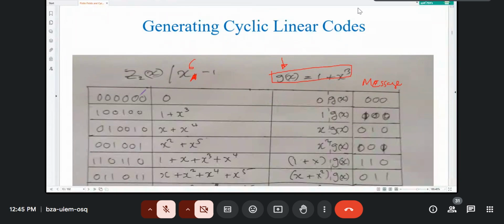And we are saying we can get the first code word, which is the 0 code word, by simply multiplying the 0, because this is 0. Then you see how we have done this. Sorry, it's because of the convention we have used.